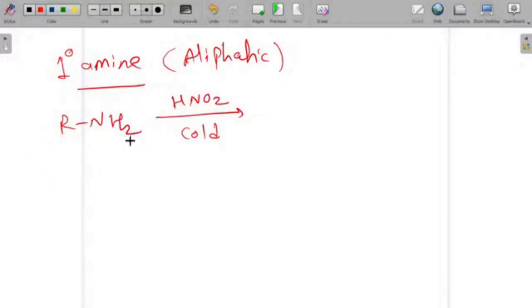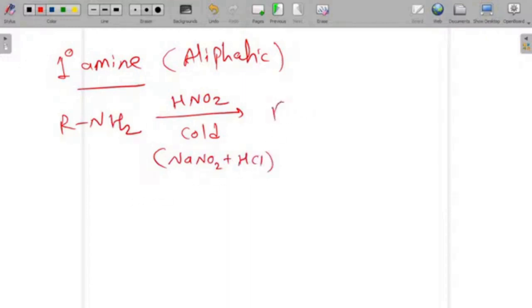Please remember this: all the reagents and reactants we use in this reaction are taken and reacted at cold condition, meaning 0 degrees Celsius or below. Then and only then can the reaction product be formed. Now this HNO2 is nothing but NaNO2 and HCl.